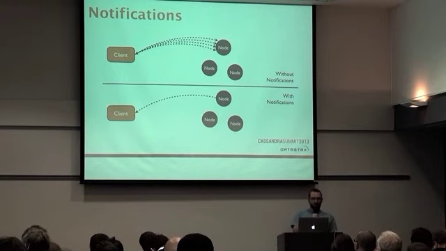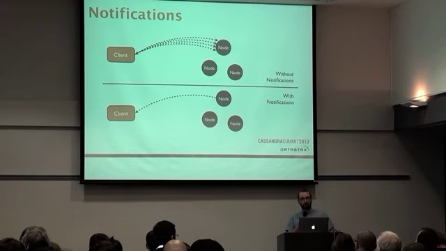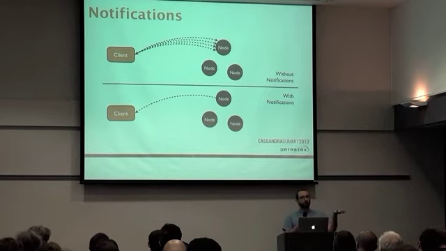Another feature that comes with this protocol is notifications. I want to make it clear here, we are absolutely not talking about notifications for changes in your data. We are talking only about purely technical notifications for events coming from Cassandra, events happening in either the topology of the cluster or the schema that you use in your cluster.